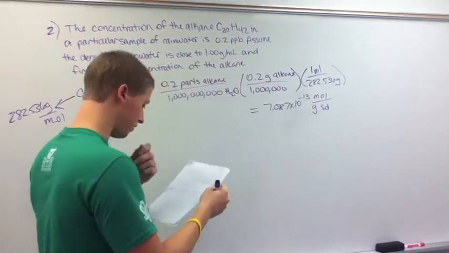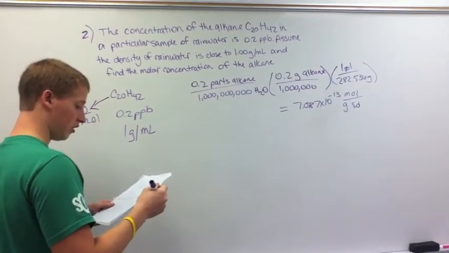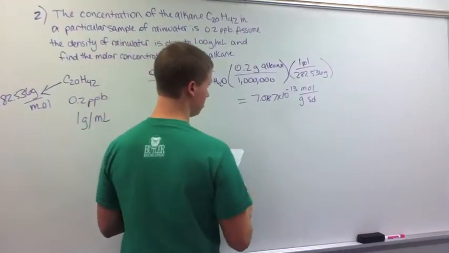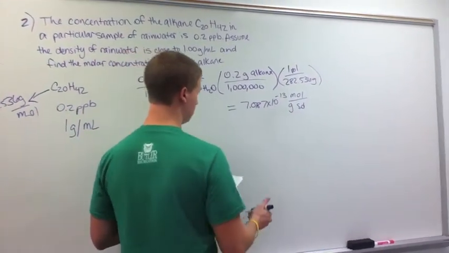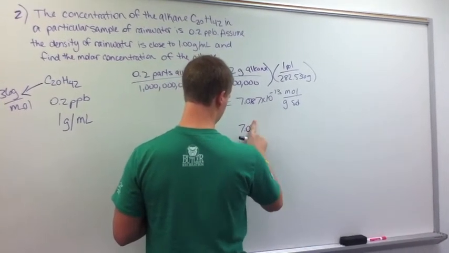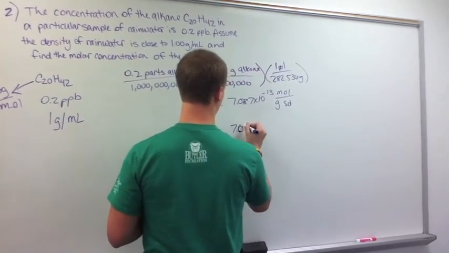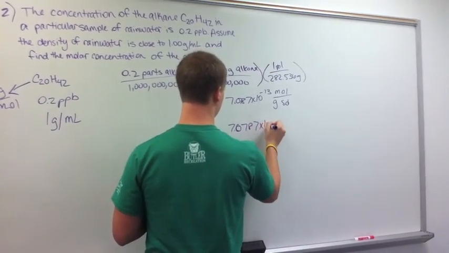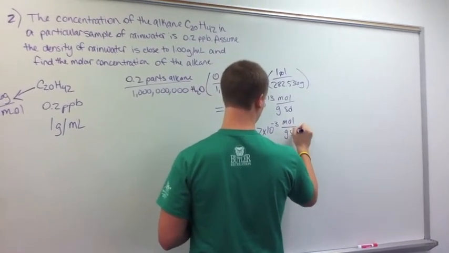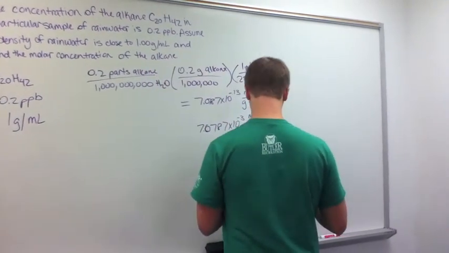But it wants you to find the molar concentration, which is moles per liter, so you need to change the grams of solution into milliliters. See, this is just strictly a units conversion. So you take 7.0787 times 10 to the negative 13th moles per gram of solution, and then you convert those into moles per milliliter.